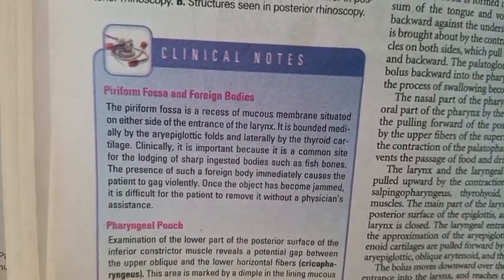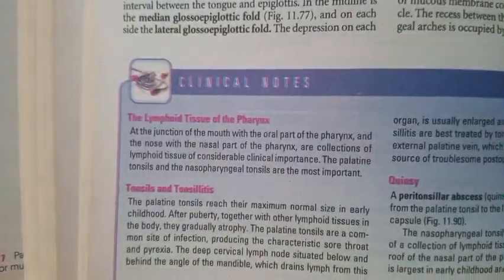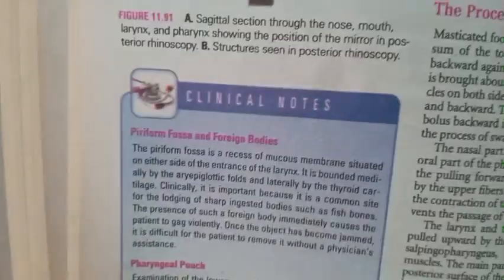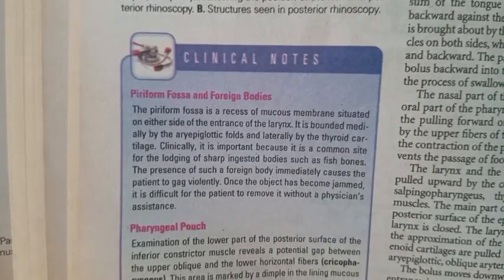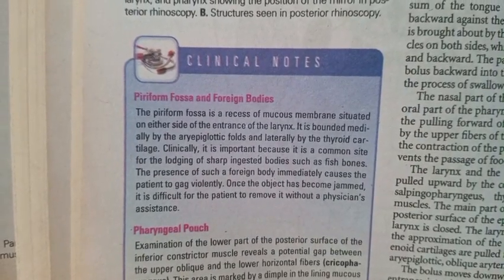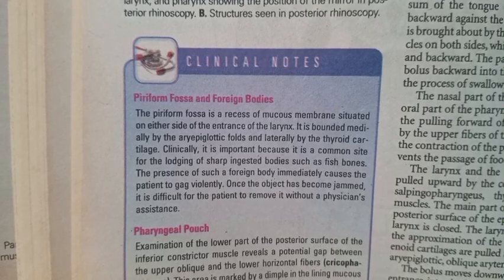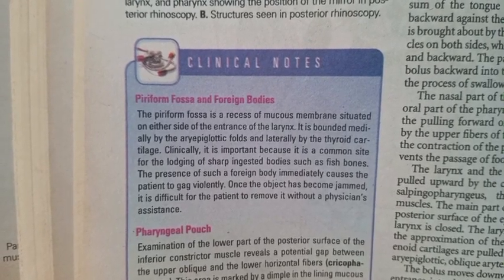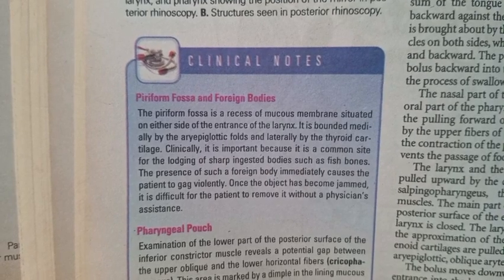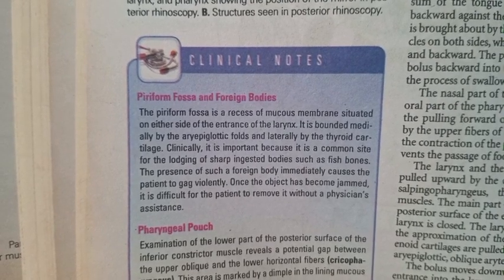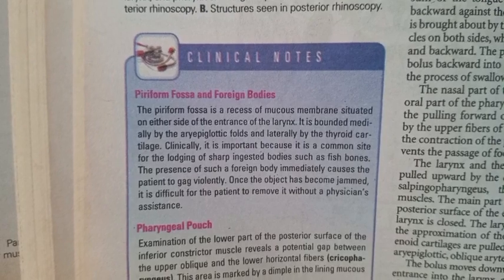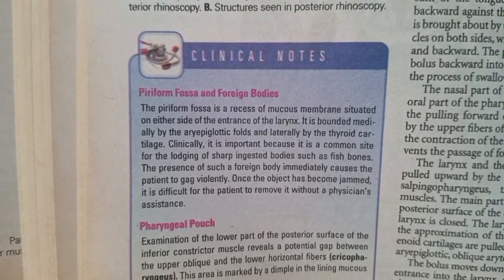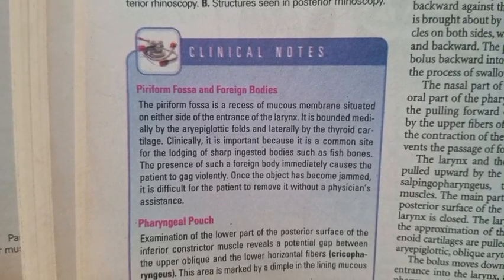Today we are talking about the piriform fossa and the foreign bodies. So, the piriform fossa is situated on either side and is bounded medially and laterally. It is important because it is a common site for lodging of sharp ingested bodies such as fish bones.